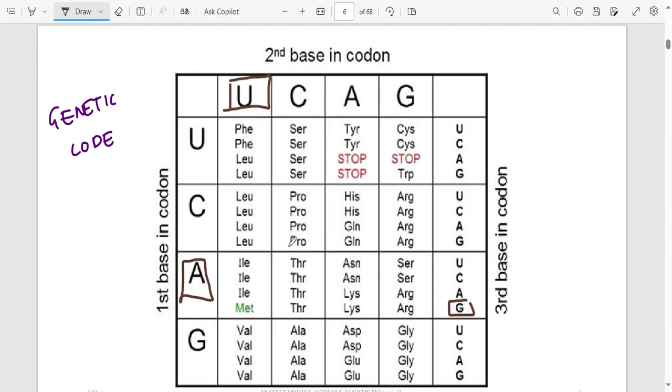You first go to the first letter, then the second letter, and then you pick the third letter. Can you see where these letters are meeting? It is here. So the amino acid methionine is going to be gotten.